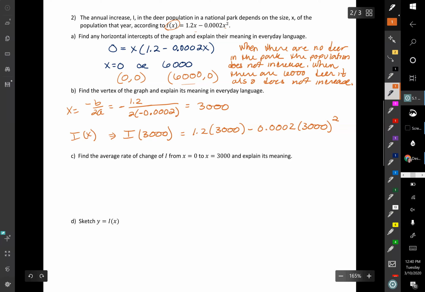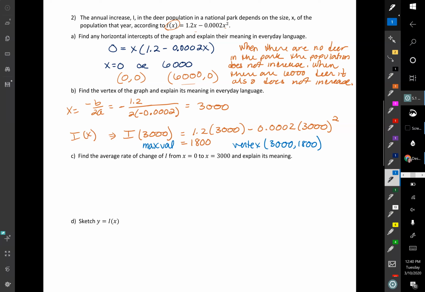Go ahead and crunch those numbers. And we end up getting 1,800. So this is my max value, the y value. So the vertex is 3,000 and 1,800, an increase of 1,800 deer when we have 3,000 deer. Okay.